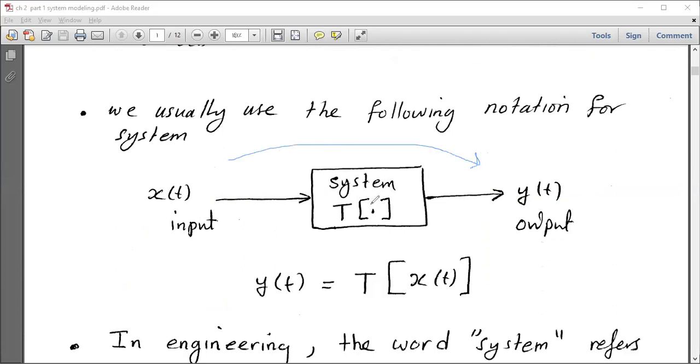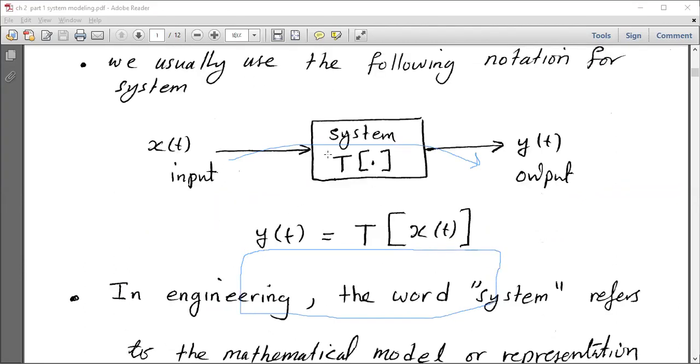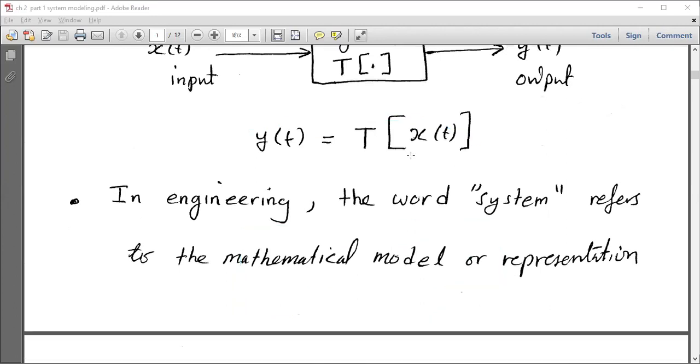Since we are making a transformation, we use the letter T. Inside the square brackets you put x of t and you get y of t. So we can write y of t as T of x of t. We feed x of t into the system and achieve the task we are interested in.